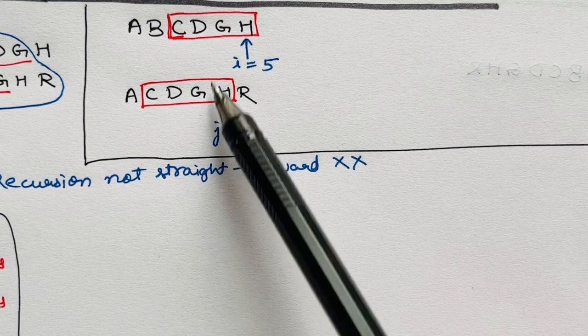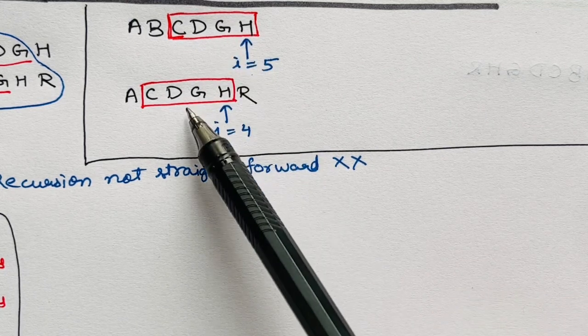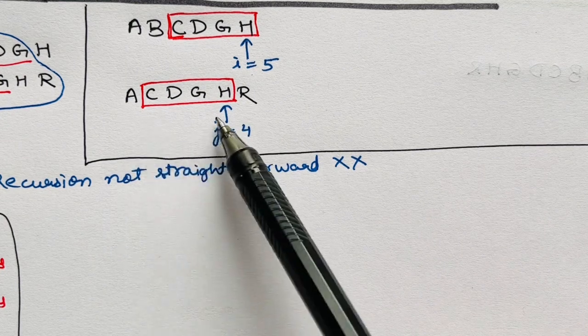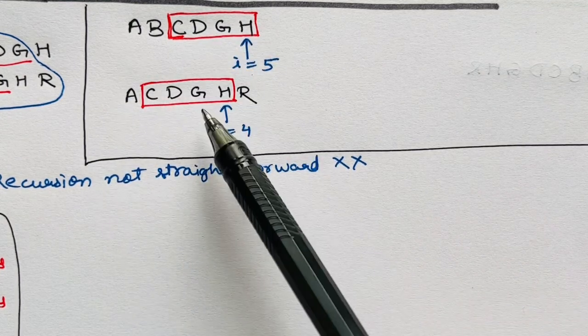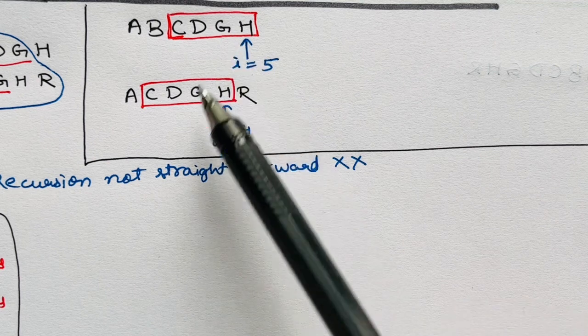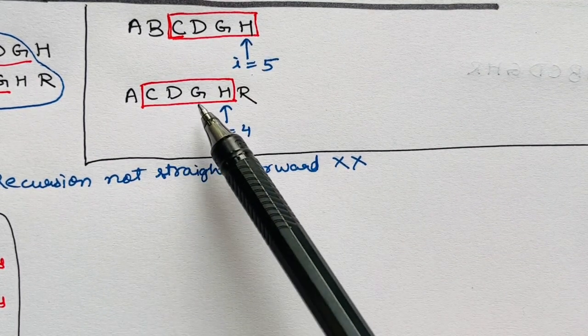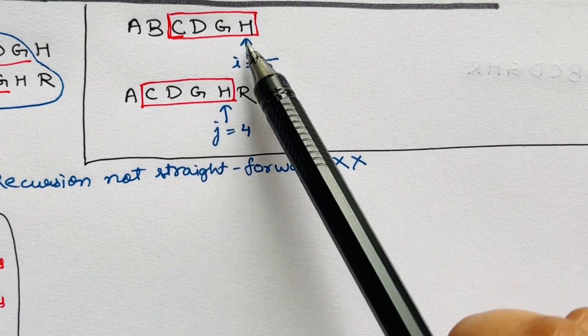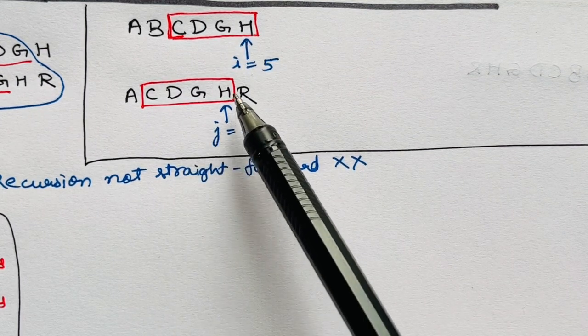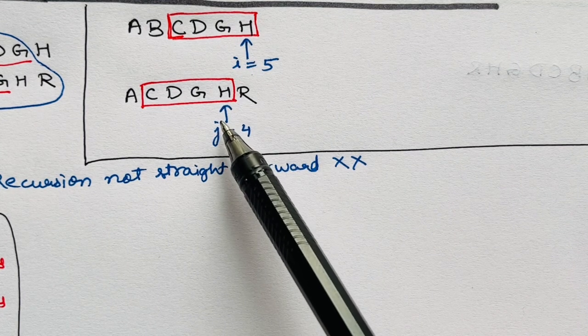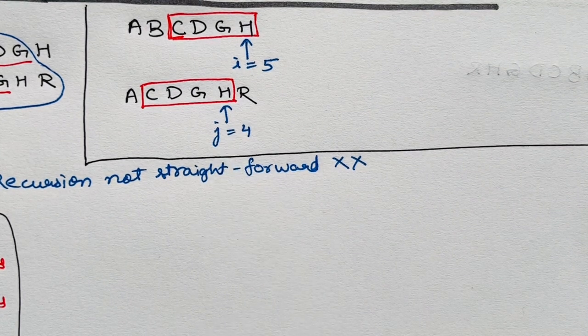Now, what more can we say when we see these two here? We can say that CDGH is not just a suffix for both of these strings. It is also a common suffix for both of these strings. It is also the longest common suffix for both of these strings if we consider the characters till i and the characters till j in S1 and S2.